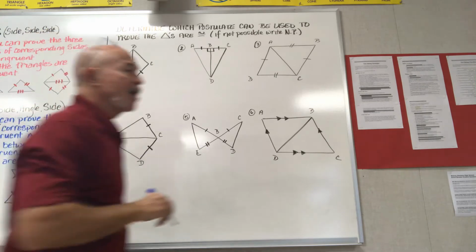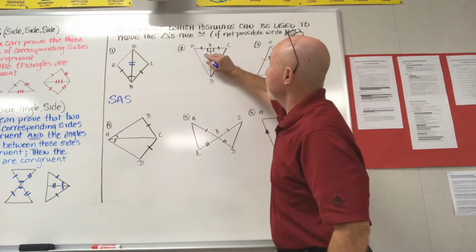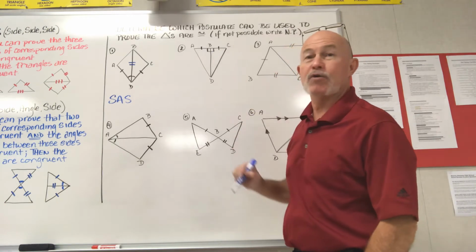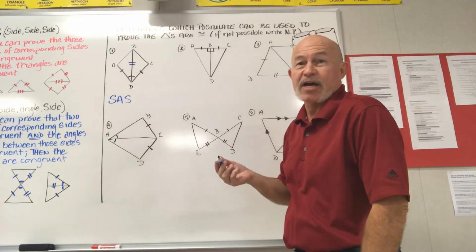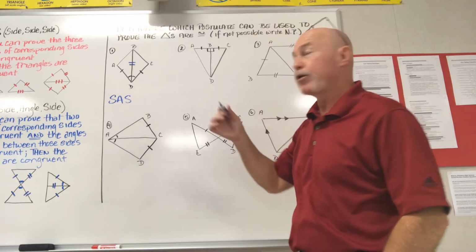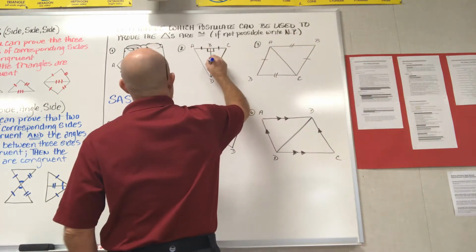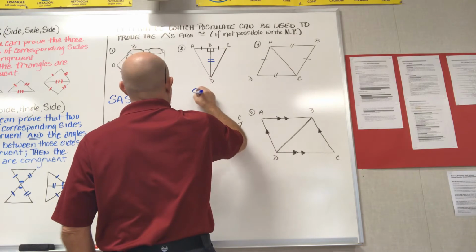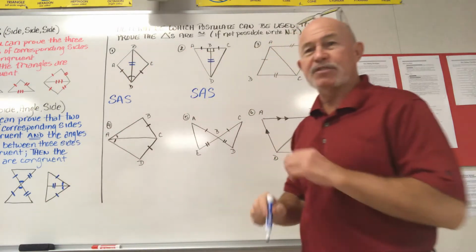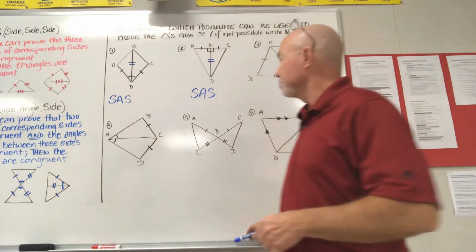Up here, another example of it. Okay, we've been given 1 pair of sides, a pair of congruent angles. Doesn't matter if they're 90 degrees or not. And we know that BD is common to both triangles. This is another example of side angle side.